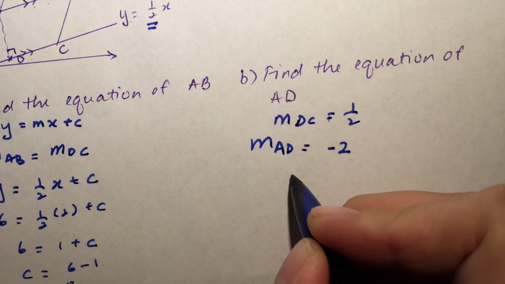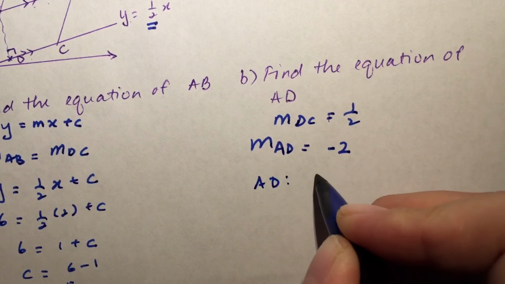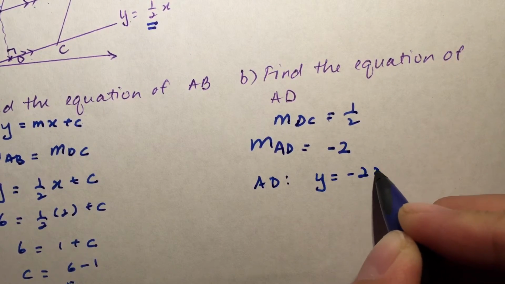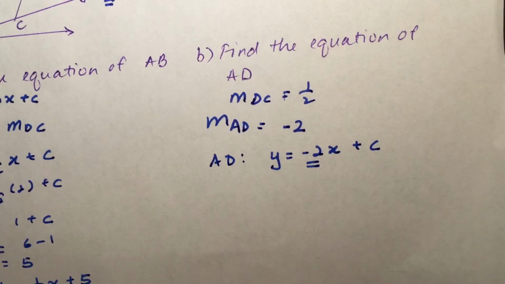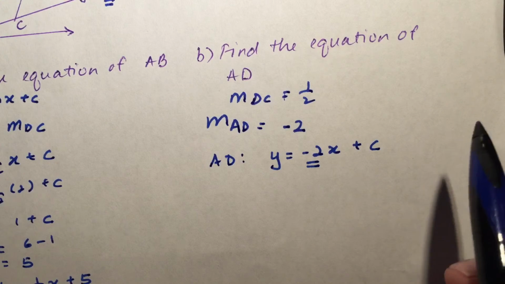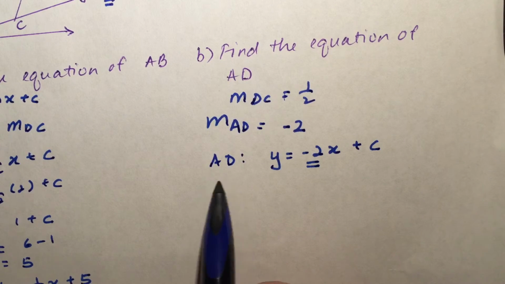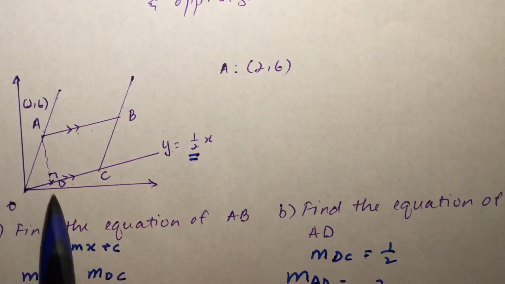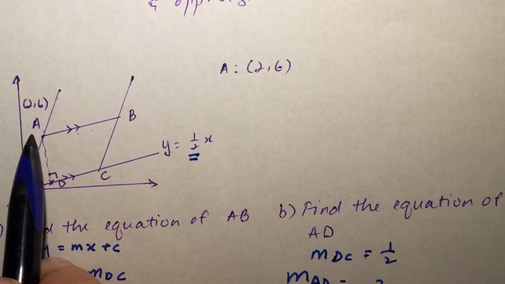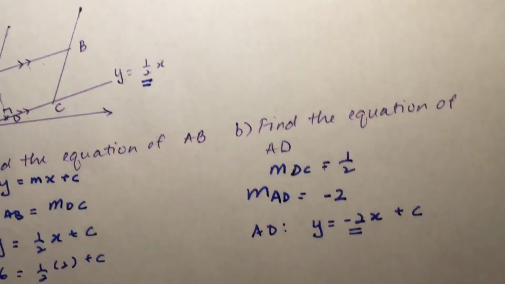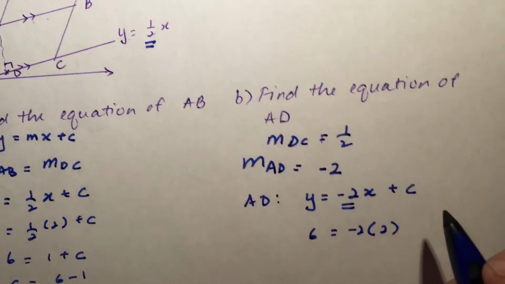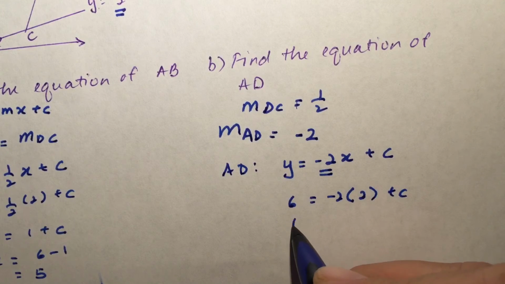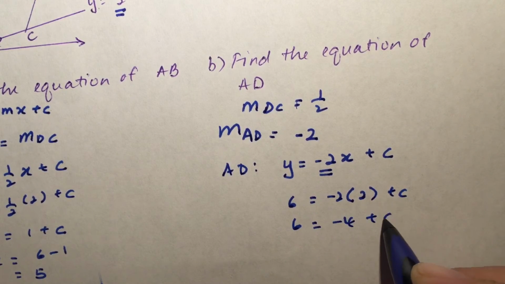So for AD, y equals negative 2x plus c, where this is the perpendicular gradient. Again, the only coordinate that passes through AD that we have is A again, which is (2, 6). So again, when y is 6, x is 2, and we will have 6 equals negative 4 plus c.